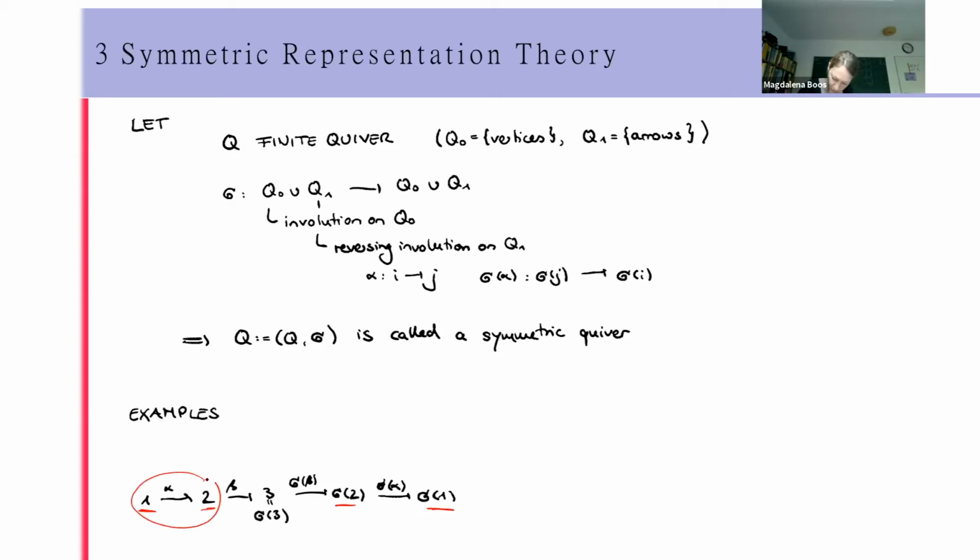So alpha from 1 to 2 goes to sigma of alpha from sigma of 2 to sigma of 1. That's fine. And the same for this. So this is all okay. We also have a self-symmetric, or self-dual, arrow in the middle. And now if we put a loop in the middle, then it's still symmetric if we say that psi is sigma of psi. So also our quiver from before has a symmetric structure.